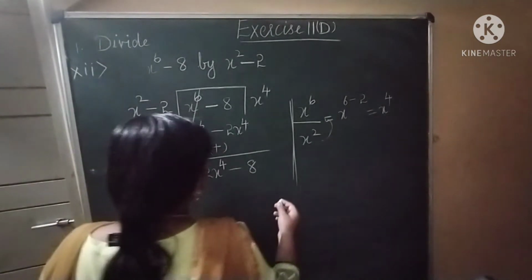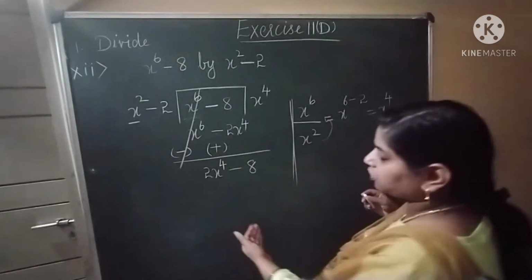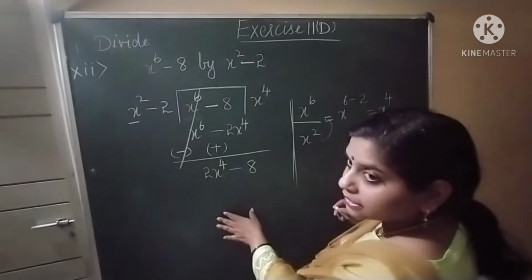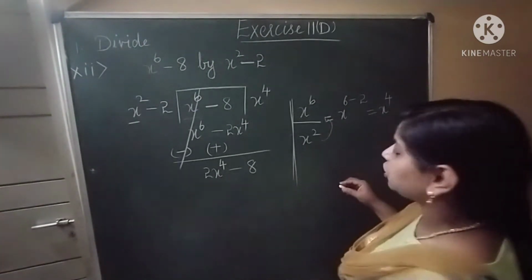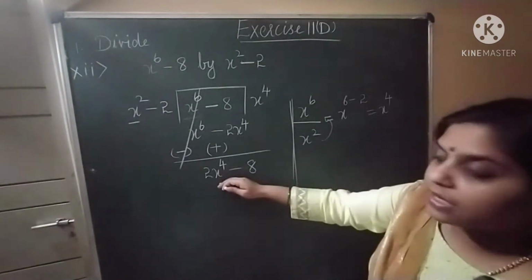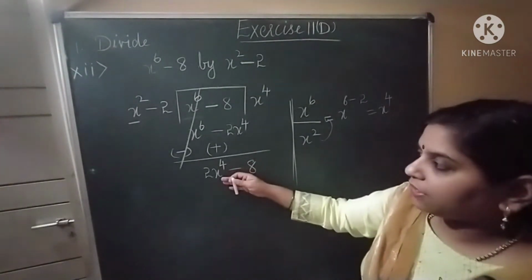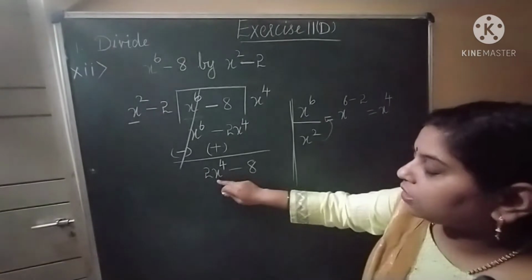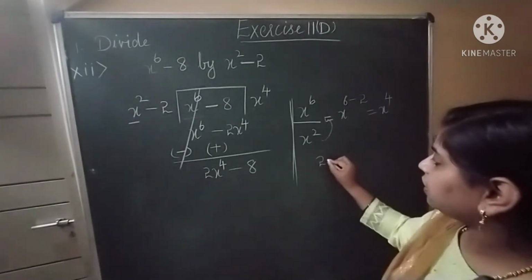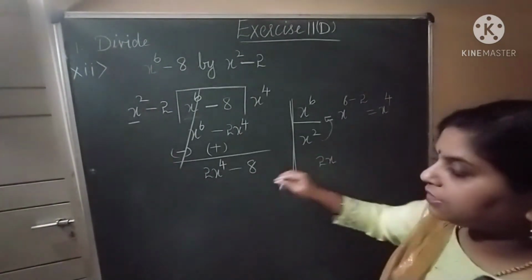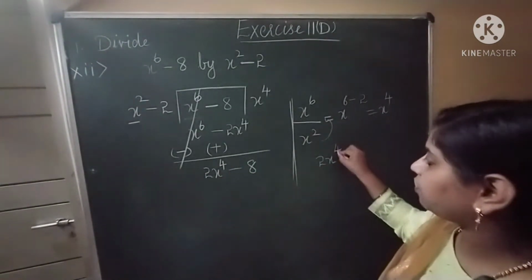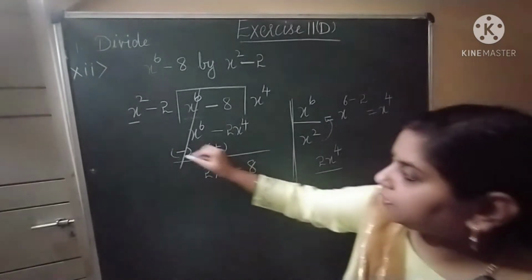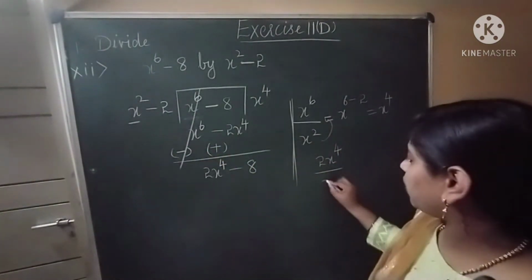Let us continue the division until we get the remainder as 0. Here the remainder has become the new dividend. The first term of the new dividend is 2x to the power of 4, and the first term of the divisor is x square.